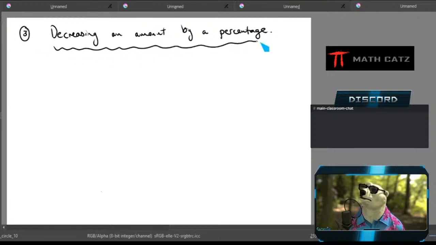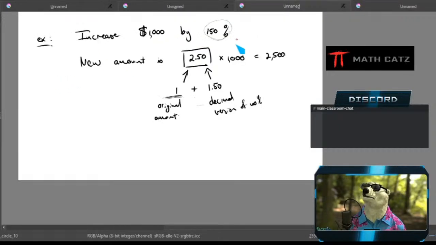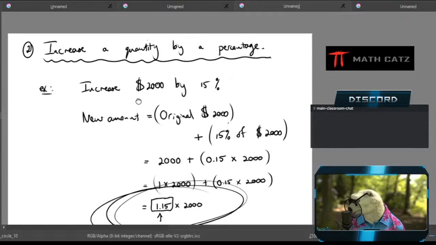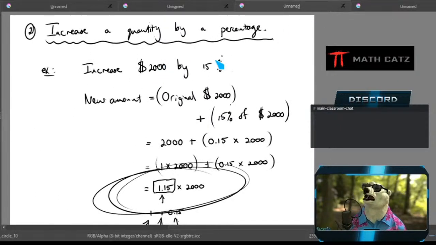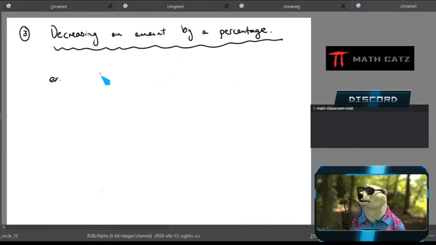This is my last one. There are no more. Any word problem I'm going to encounter ever is going to be some mix or something involving these three. So for example, let's do it the same way we did the increase one. Let's decrease $2,000.